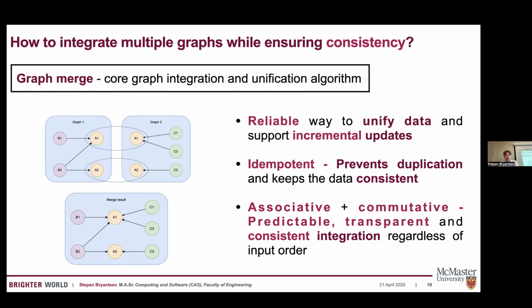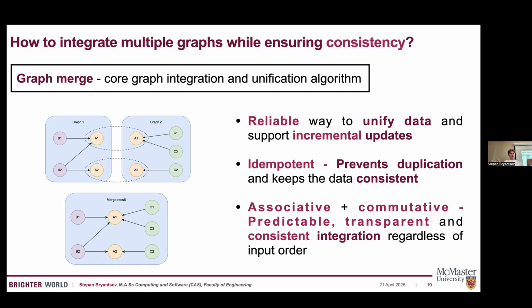And the final property is that it is associative and commutative. This gives you very important scenarios where you can push the data in any order, and you would end up with the same consistent graph representation. So you don't have to care about which data to push first.